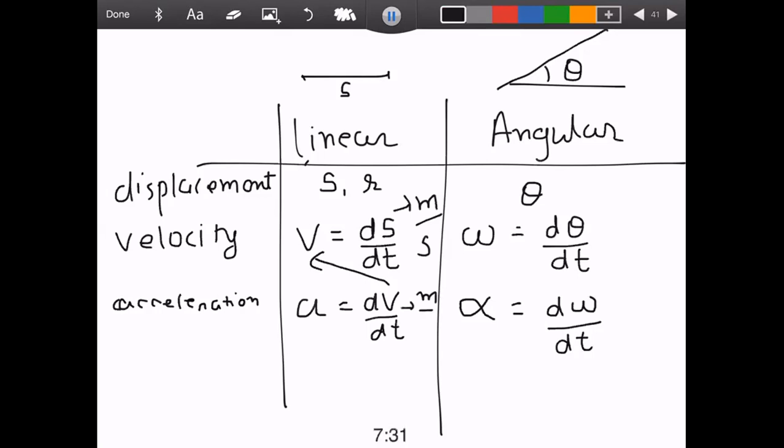For omega, it is radian per second. And the other one, alpha, will be radian per second square. So this is about the things.